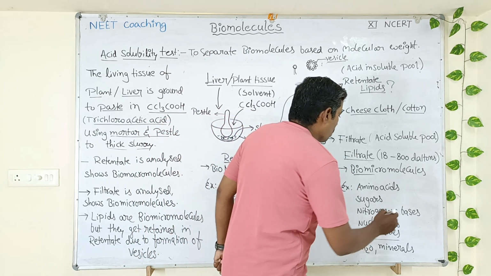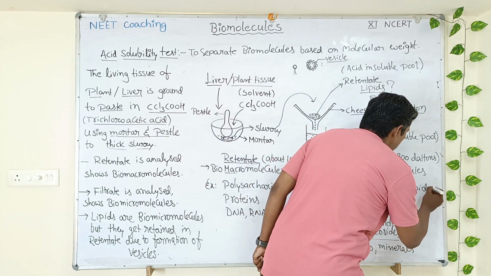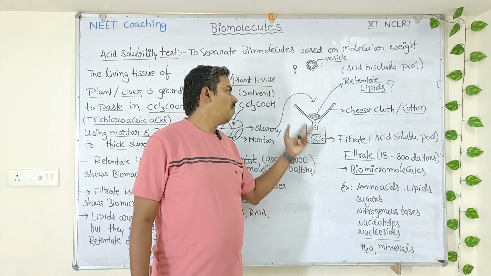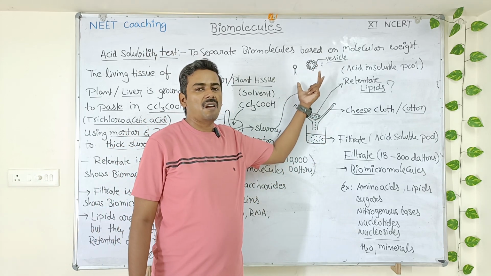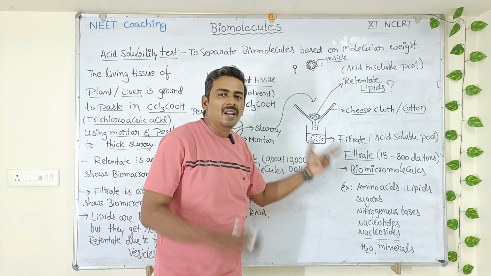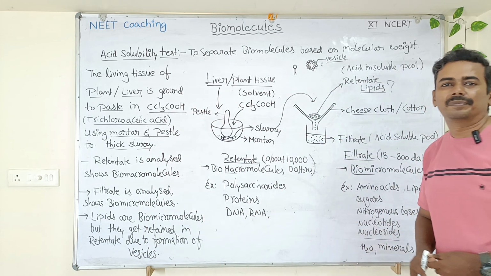Actually, we should find lipids in the filtrate, but they were found in the retentate because of formation of vesicles. So this is a very important point, students. Understood this concept? Come on, copy down, students.